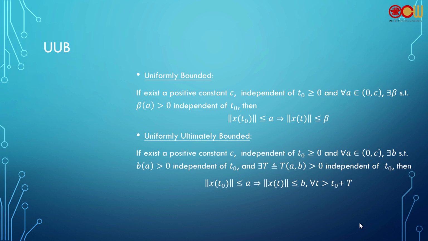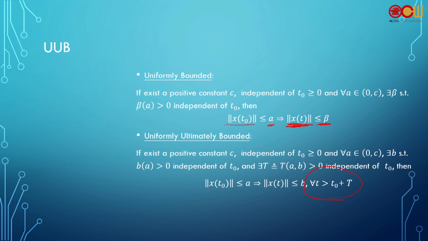So here are two definitions. One is uniformly bounded. One is uniformly ultimately bounded. What's the difference? Uniformly bounded means if you start from a radius smaller than a, then the norm trajectory is always bounded by beta.